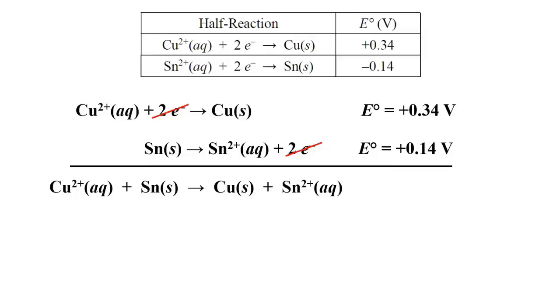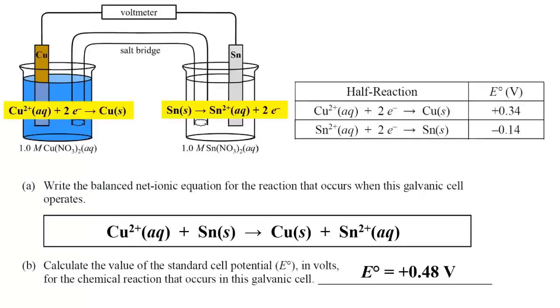So I add the two half reactions together, the electrons cancel out on opposite sides of the equation, and my overall cell potential is 0.34 plus 0.14, which gives me 0.48 volts for this overall reaction that occurs in this galvanic cell. So there's the answer to both part A and part B.